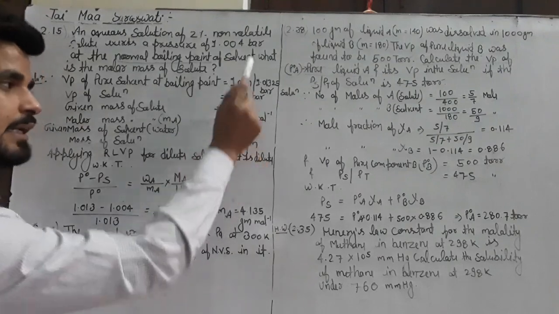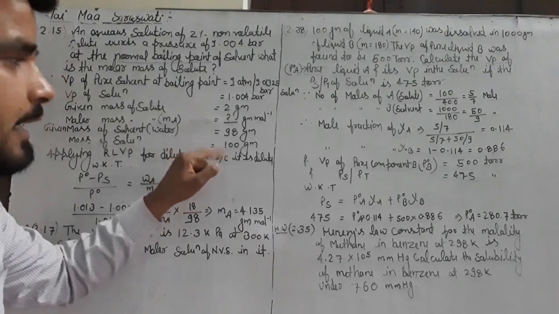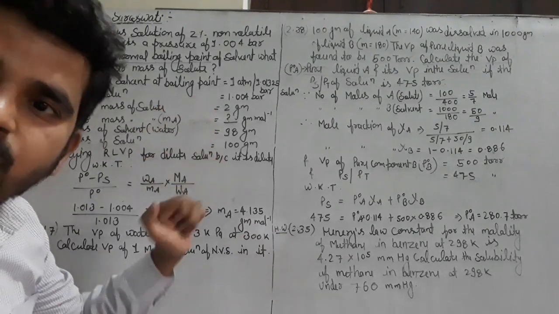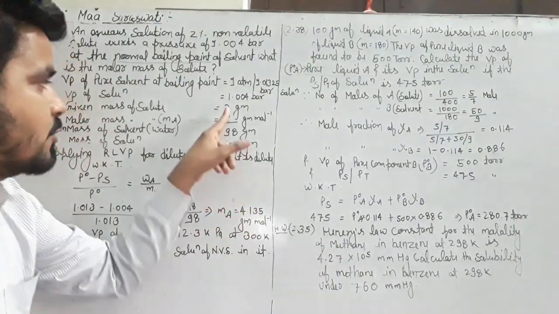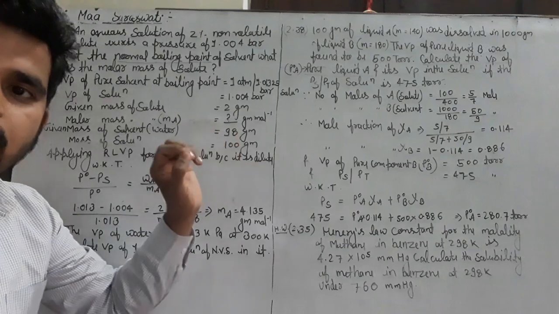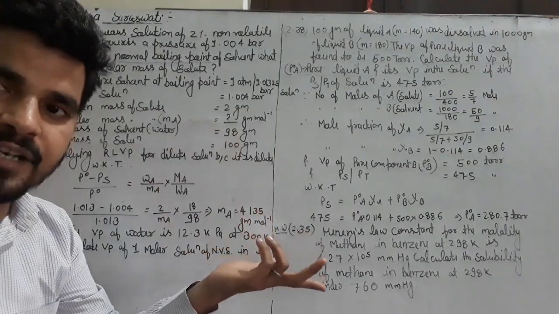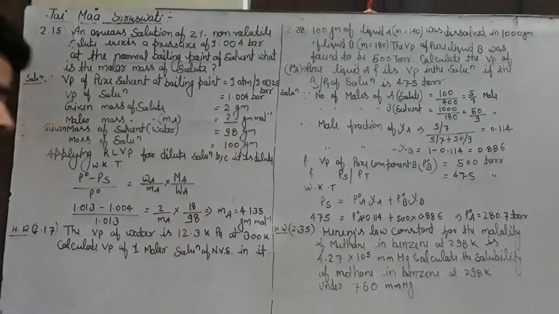In the question, the molar mass of the solute we have to find. The given mass is 2 gram. The molar mass of solvent, water, will be 18, and the given mass of solvent is 98.